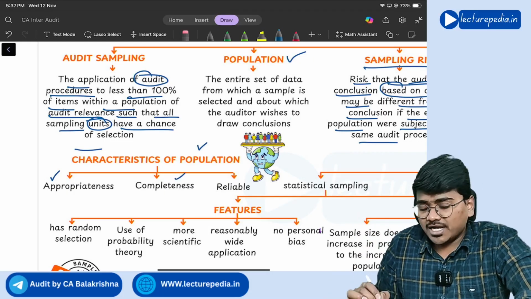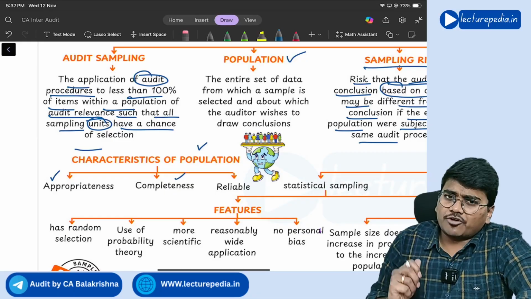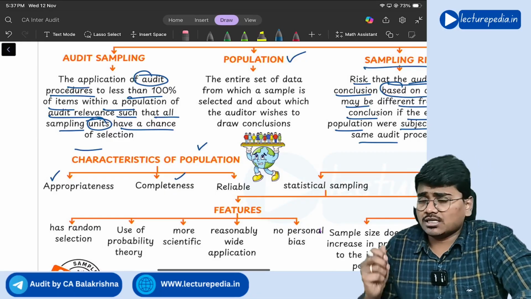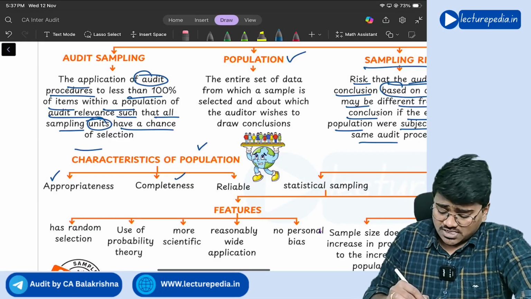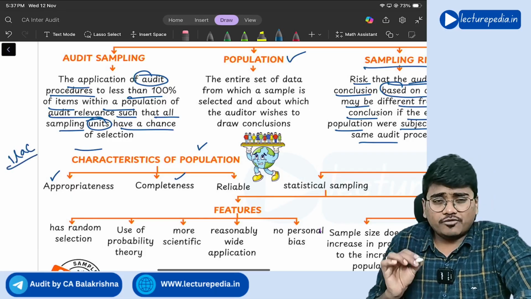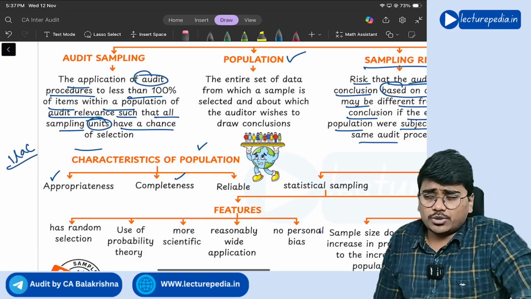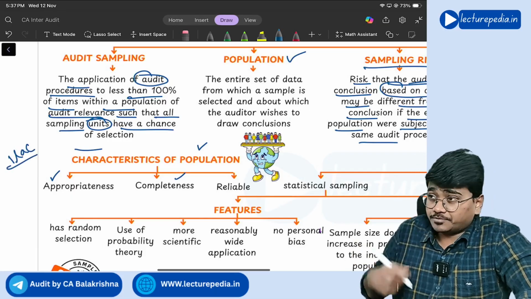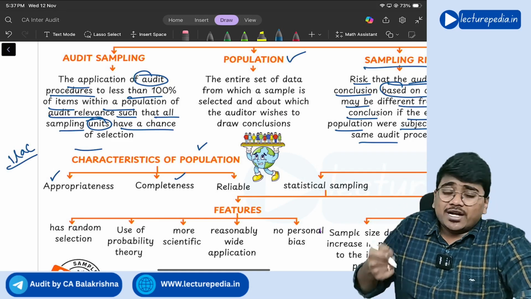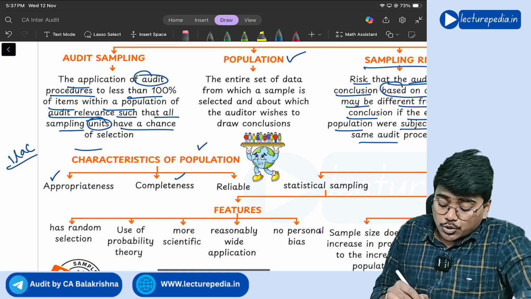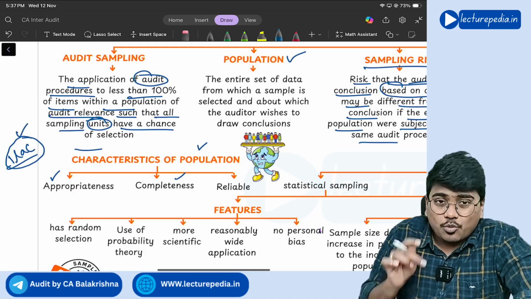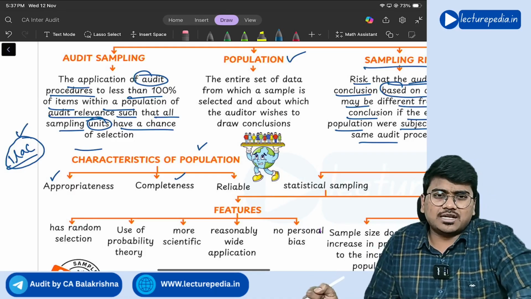Next, completeness. You want to perform audit procedures on sales, and there are 1 lakh sale transactions, and you want to take out a sample from this. While taking out the sample, you should consider the complete 1 lakh sales transactions.